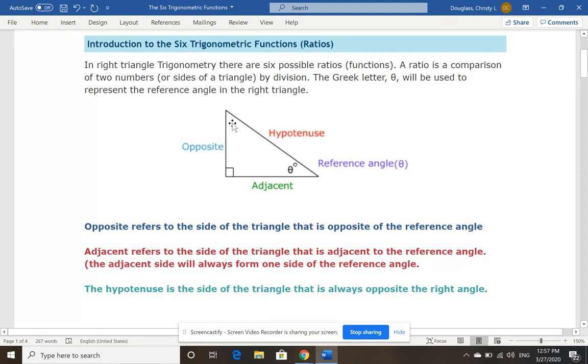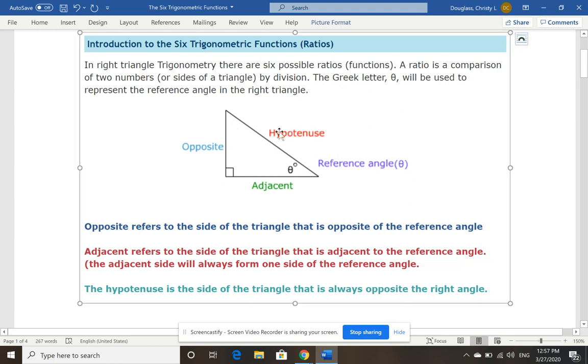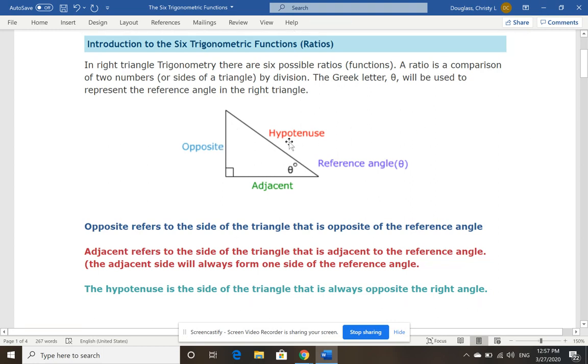Well, if that were the case, then my adjacent and opposite would change, because if this is my reference angle, then the opposite side is this one, and the adjacent side would be this one. So if I change my reference angle, then opposite and adjacent will change. But the one thing that does not change is the hypotenuse of the triangle. It will always be opposite your 90-degree angle.